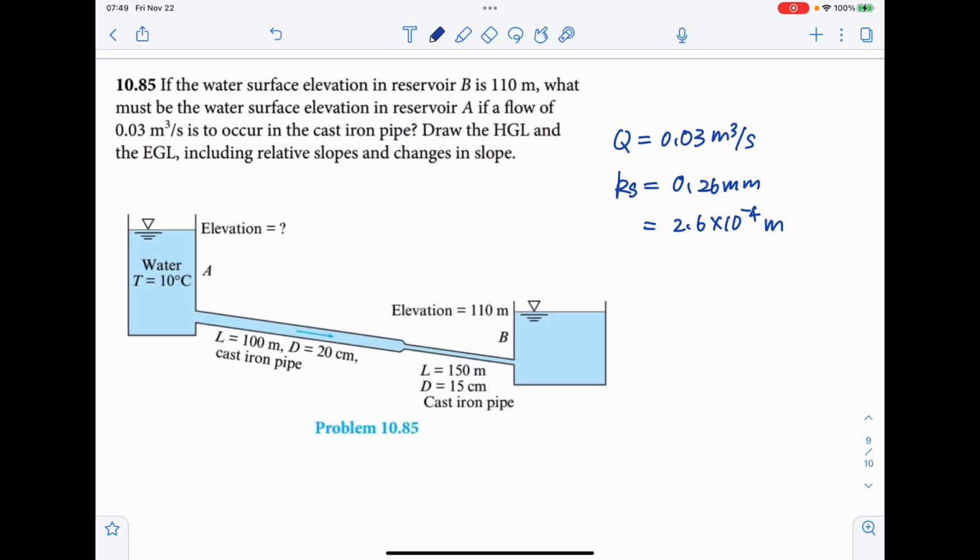So the KE, which is the entrance here, is sharp edge, so it's 0.5.